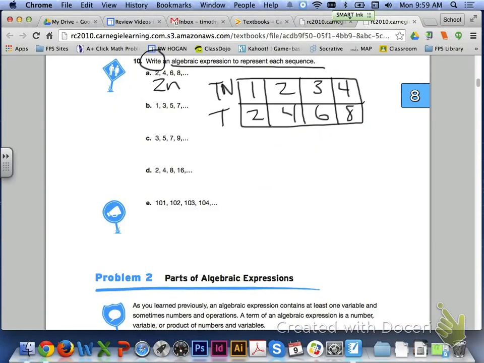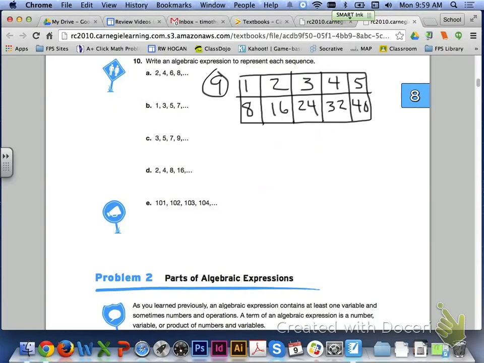In this particular example, I'm taking the term number and multiplying it by 2 in order to get the term. 1 times 2 is 2, 2 times 2 is 4, 3 times 2 is 6, 4 times 2 is 8. So my algebraic expression to represent this sequence of numbers would be 2 times n.